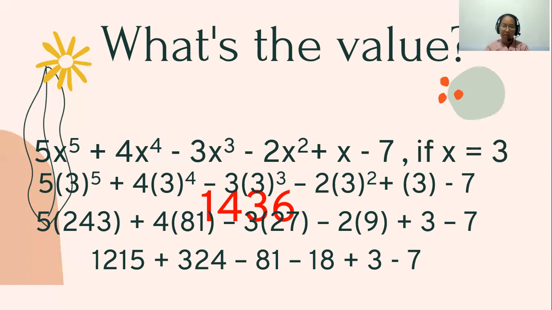Then copy plus 3 minus 7. Now we may perform the operations. So 1,215 plus 324 minus 81 minus 18 plus 3 minus 7 is equal to 1,436. So very easy, isn't it?